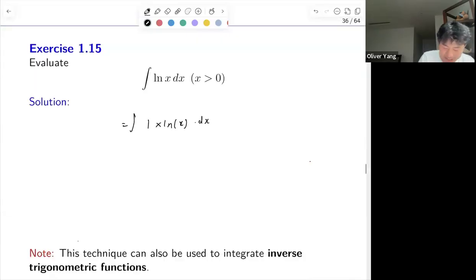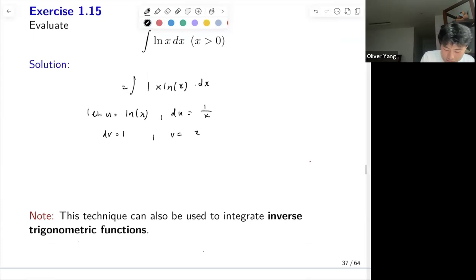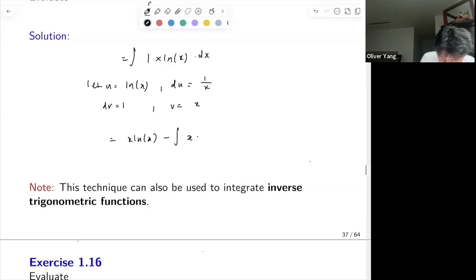And you basically got two functions. So we let u equal ln x, du is equal to 1 over x, dv is 1, v is going to be x. So put it in the formula: uv is going to be x ln x minus the integral of v du, which is x times 1 over x.